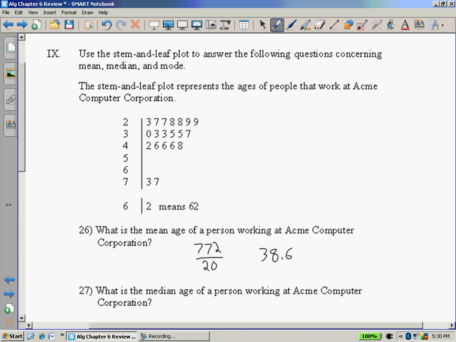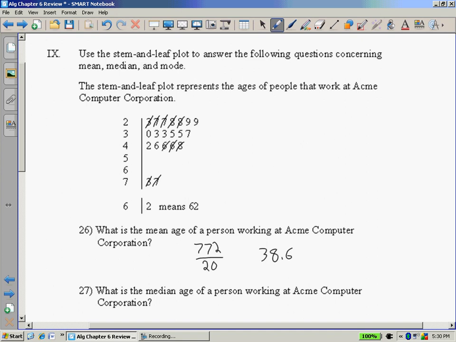Now the median, we're simply going to pick the point that is directly in the middle. So directly in the middle, we're going to do the lowest and the highest. Lowest, highest, low, high, low, high, and continue this.